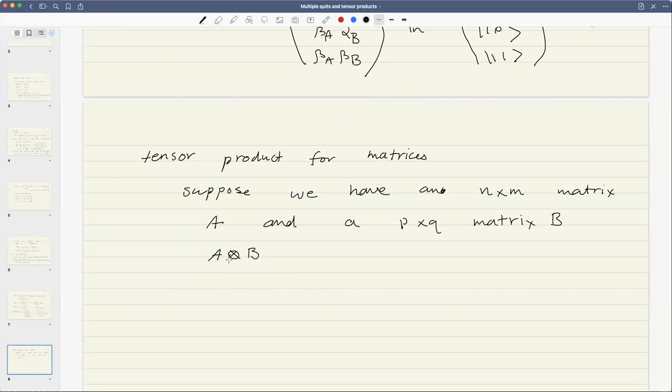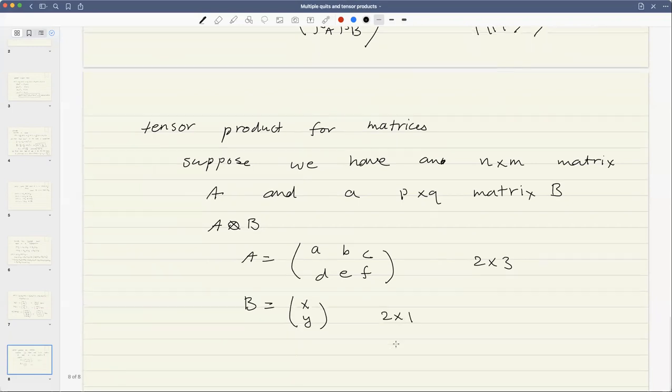So essentially what I do is I take every element of A, multiply the entire B matrix by that element, and then put it in place of that element. So let's do an example. Let's suppose A is A, B, C, D, E, F. So it's a 2 by 3 matrix. And let's say B is X and Y. So it's a 2 by 1 matrix.